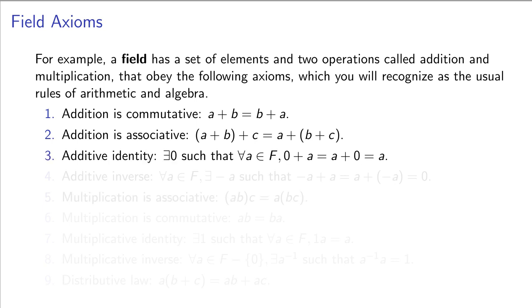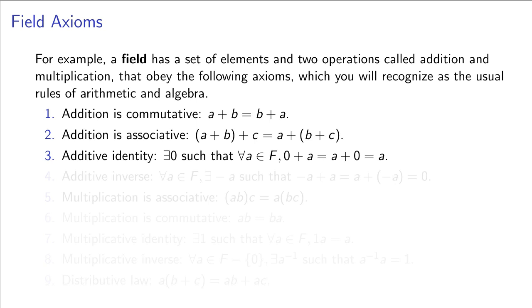There's an additive identity, whose name is 0. That backwards capital E is read there exists, and the upside down capital A is read for all. So this says there exists an element of the field called 0 with the property that for any element in the field, A is an arbitrary element, if you add 0 to A, either putting 0 on the left or on the right, you get back what you started with.